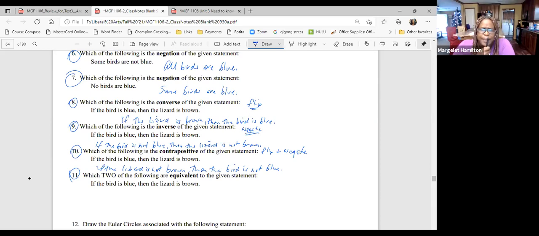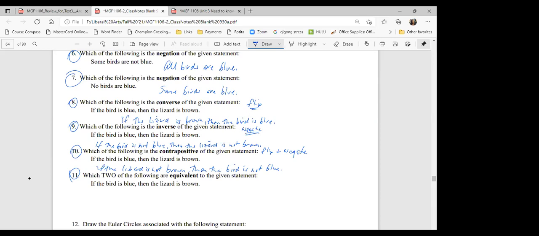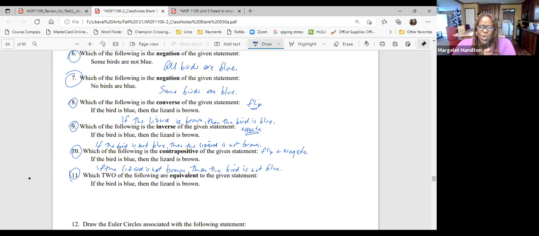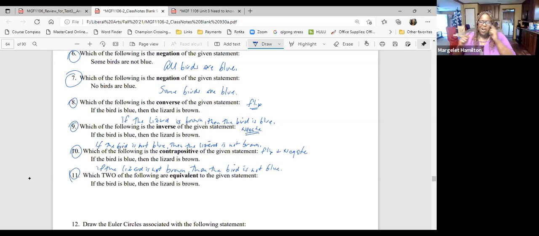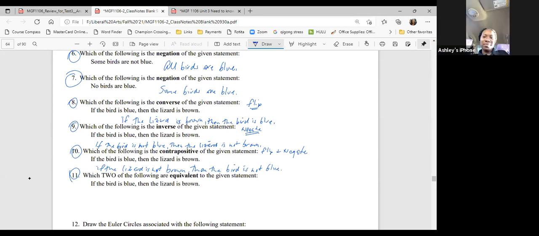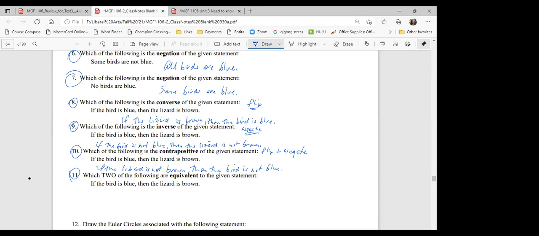Try it one more time. If the bird is not blue, then the lizard is not brown. No. Y'all are all around it. Come on, try it one more time. The bird is blue, then the lizard is brown. No. Contrapositive?